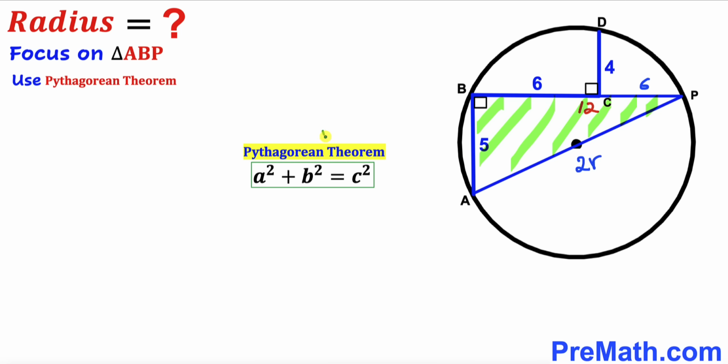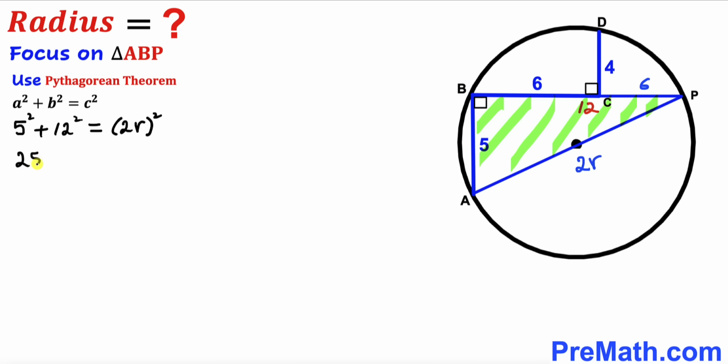And we are going to apply the Pythagorean theorem on this triangle. And here's our Pythagorean theorem: a square plus b square equal to c square. And here in our case, our hypotenuse is 2 times r, whereas our two other legs are 5 and 12. So therefore we could write 5 square plus 12 square equals to 2 times lowercase r square. Let's simplify. We're gonna get 25 plus 144 equals to 4 times r square.